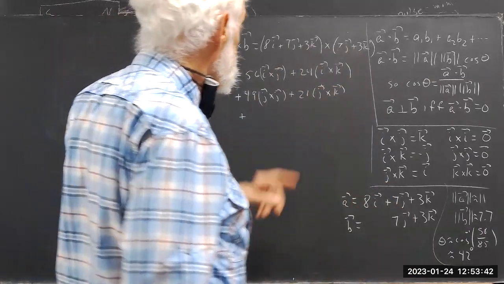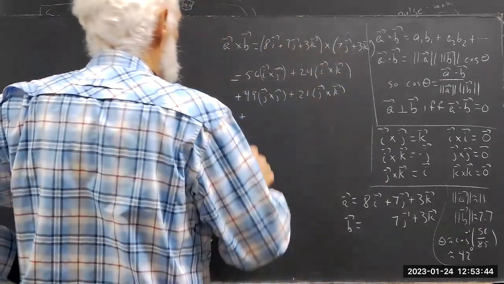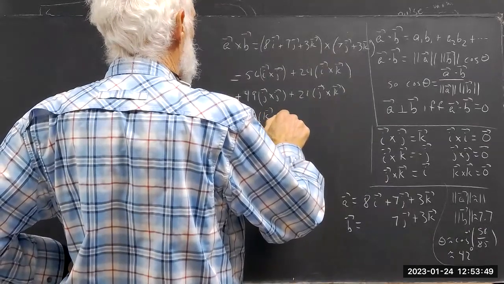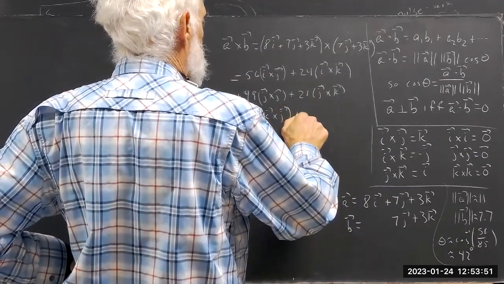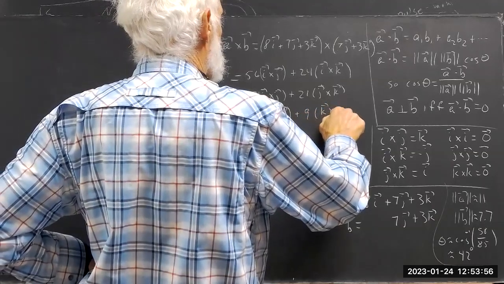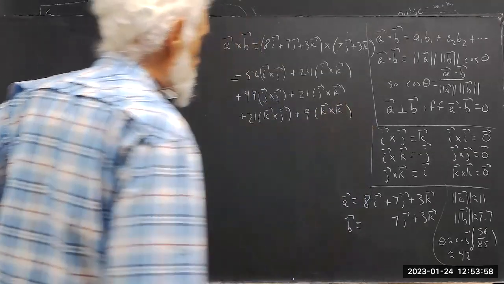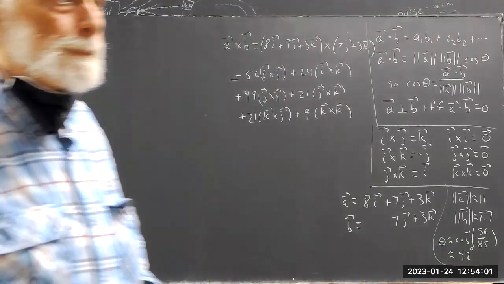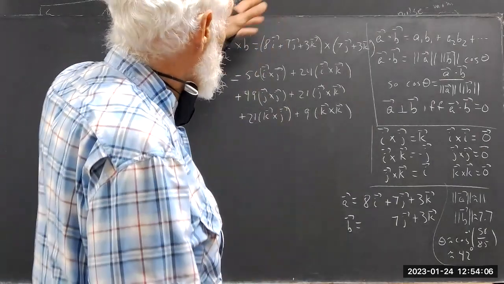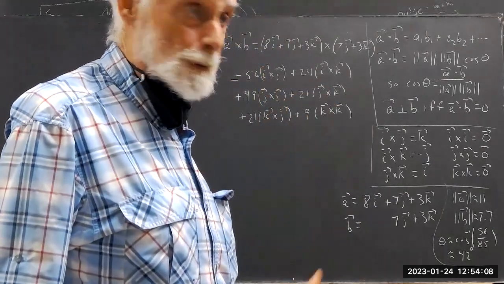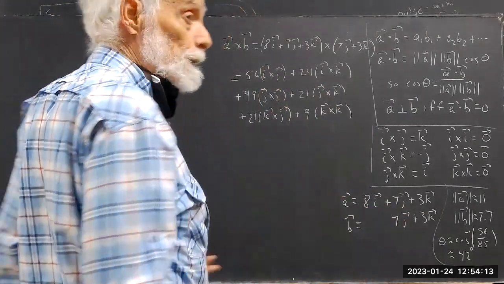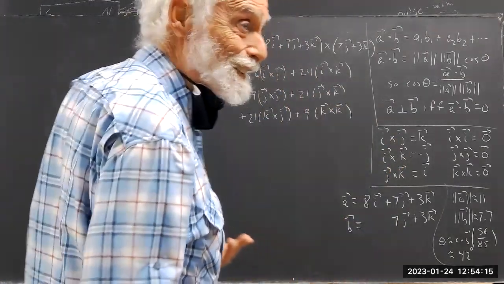And then 3k cross 7j is 21 times k cross j, plus 9 times k cross k. All right. Now you could write it out easily. You can follow what I'm doing. I mean, there's nothing to it, if your algebra is up to the distributive law, and I kind of think it is.